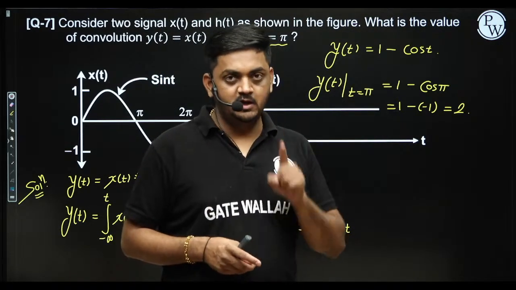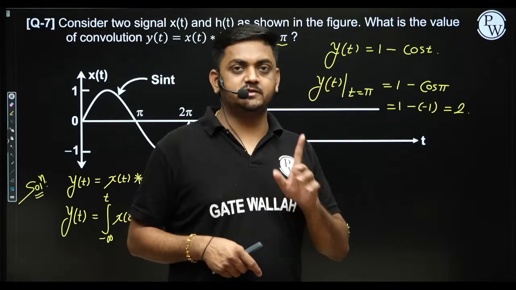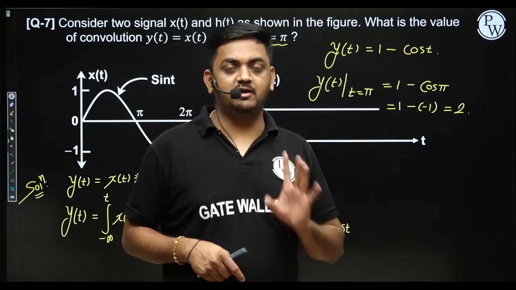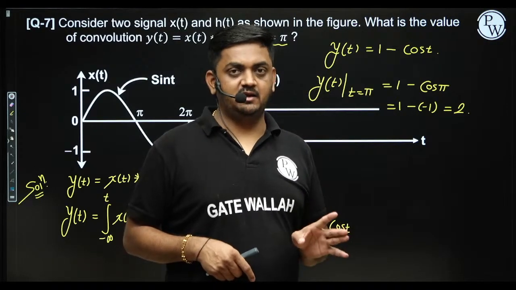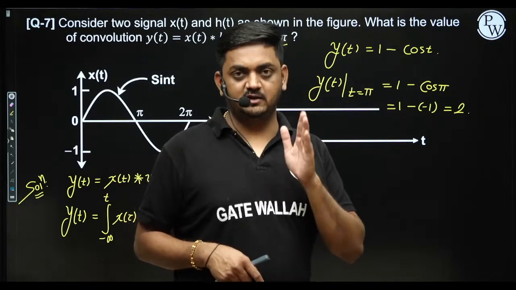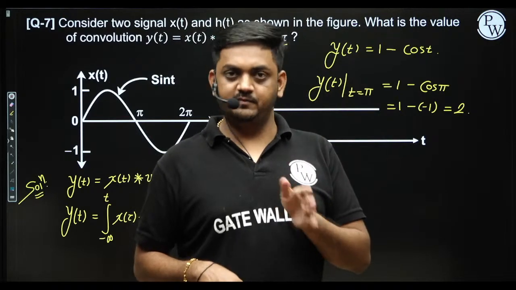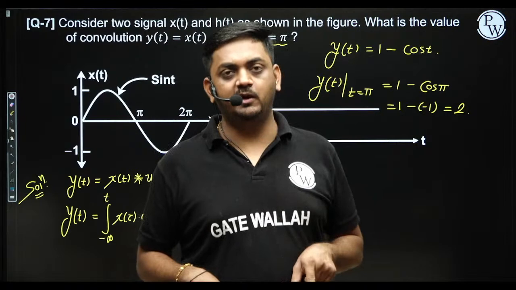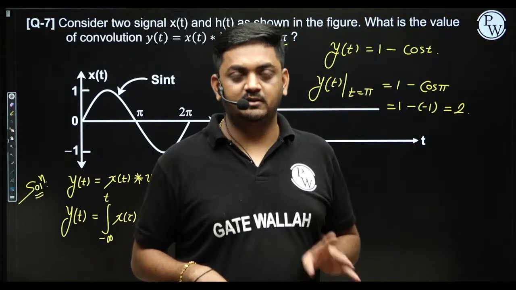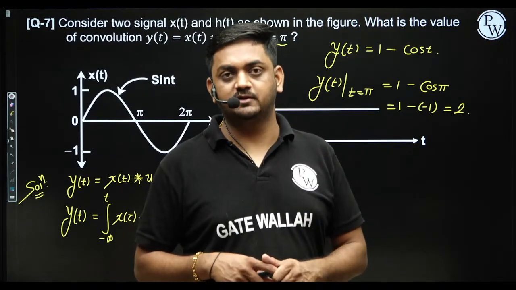Number 1, if your approach is wrong, if your concept is wrong, then definitely you will get the wrong answer. Second, if your approach, concept and formula are correct, but you make a calculation mistake, then definitely you will get the wrong answer.